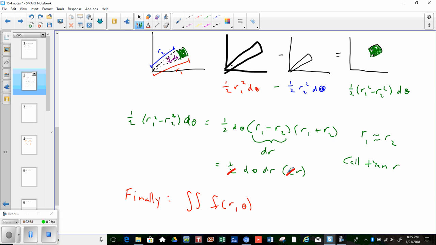And what I have left here is an r dr d theta. Where this, again, is the height. And all of this is the area of one slice of D.